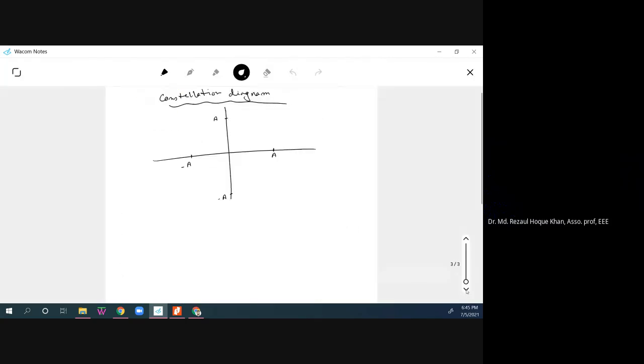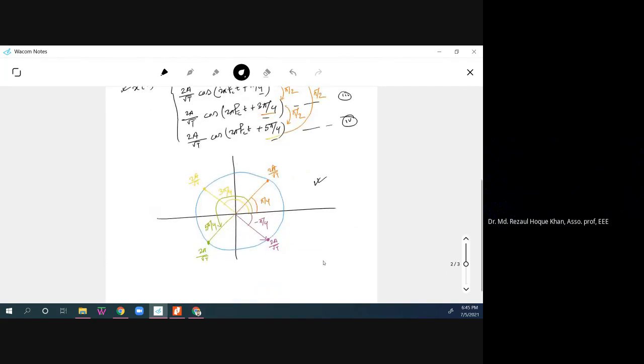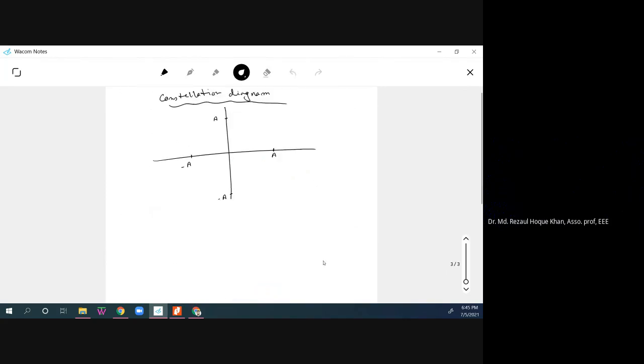The way the degree is represented here is the constellation. Our first constellation point will be here, second somewhere here, third here, and fourth here.